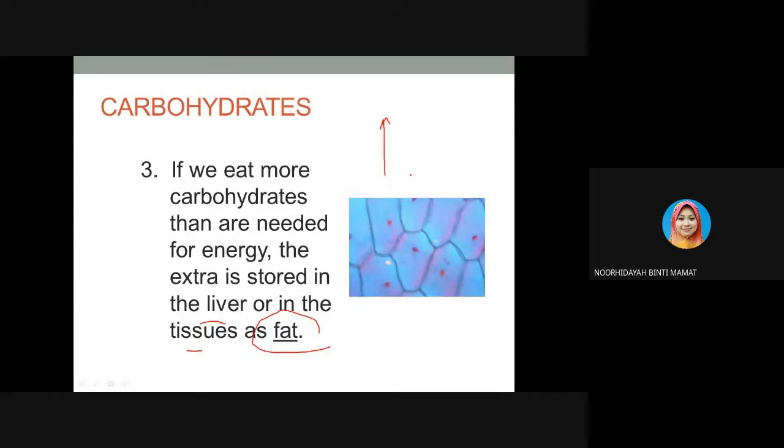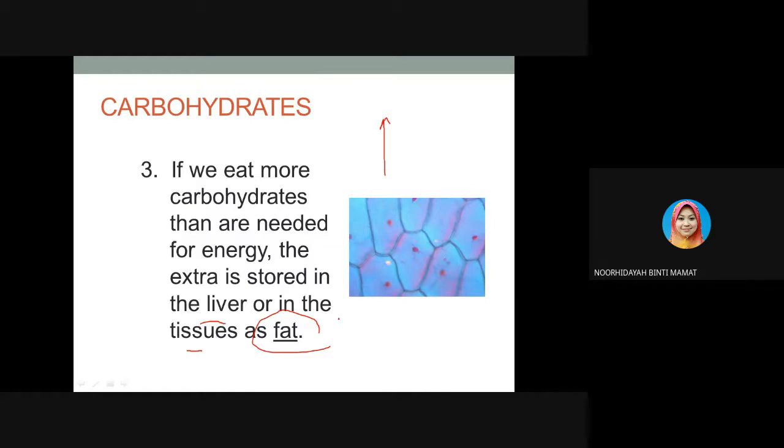This will cause our body to make more insulin, which tells our cells to save the extra glucose as fat.